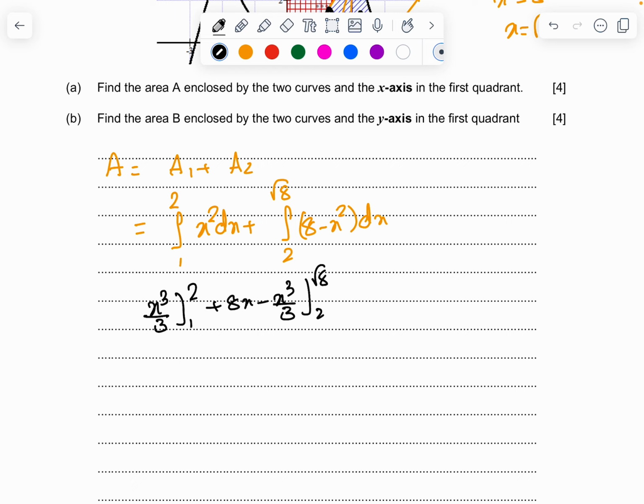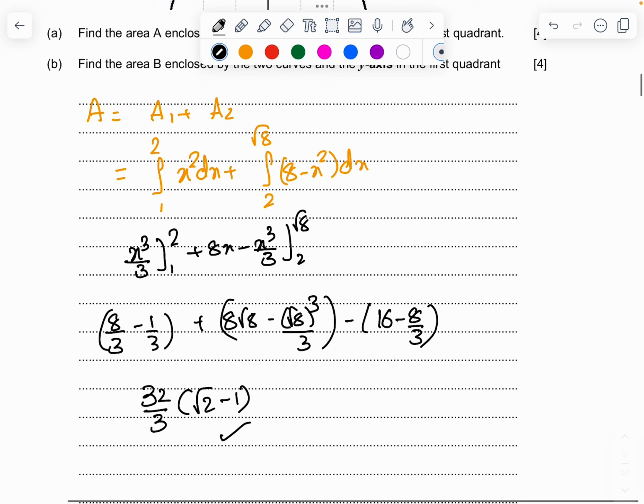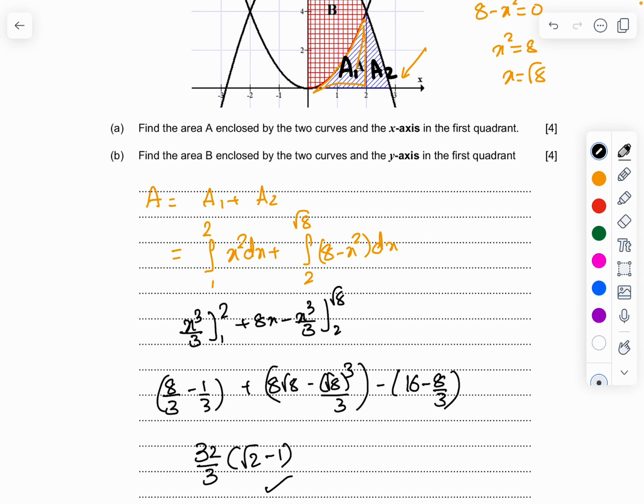When you simplify, I'm directly writing that answer. Try to get this answer, root 2 minus 1. Now the area of part B. Check those calculations. I directly wrote that answer, so the answer is going to be 32 upon 3 times root 2 minus 1.